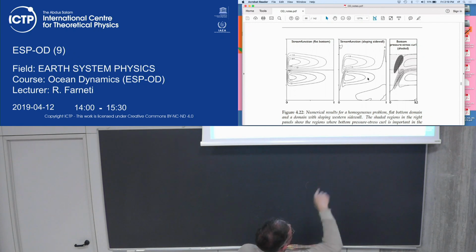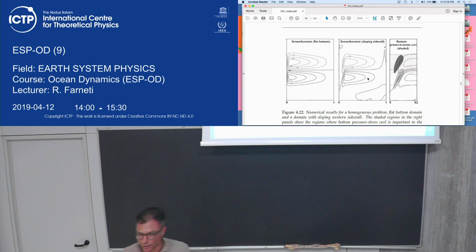Those shaded regions are where the bottom pressure stress curl is important and has to be taken into account. And that's the region where the f over h contours deviate from the latitude circles.